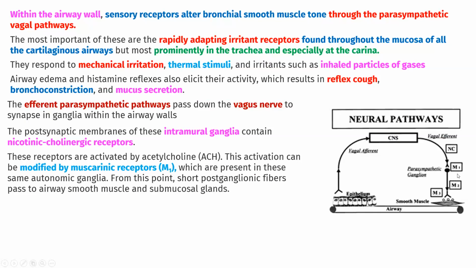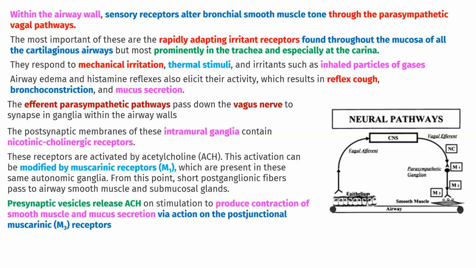So when the M2 is normal in its activity, it will not allow persistent stimulation of the M3 to produce a constant obstruction of the smooth muscle. This M2 negative feedback mechanism is very important to keep a balance between the production of acetylcholine and the stimulation of M3 receptors. If you understand that point, you will be able to manage this.